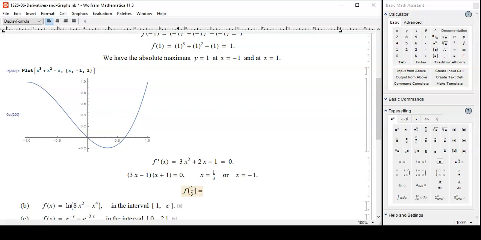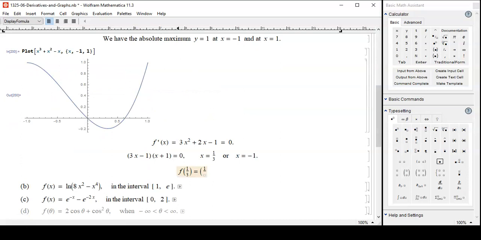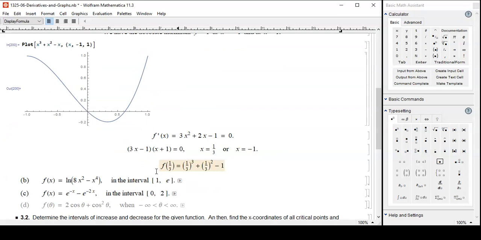And then that is, let's see, plugging everything in. Okay, that's going to be a bit of a dirty computation. f of 1/3 is the absolute minimum.